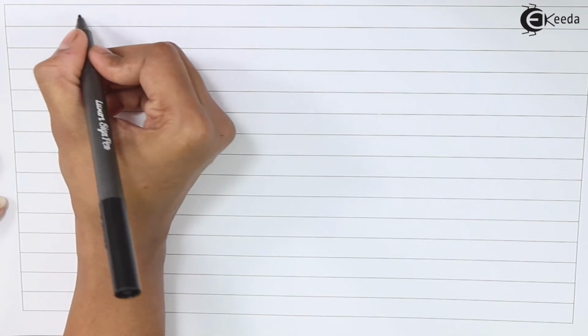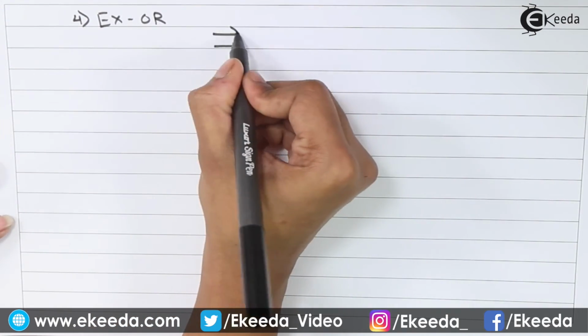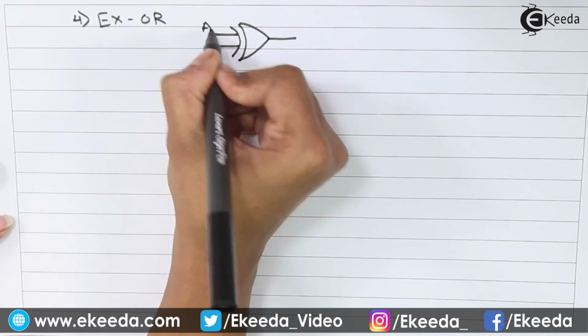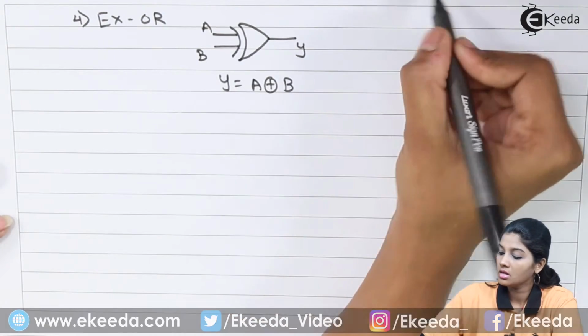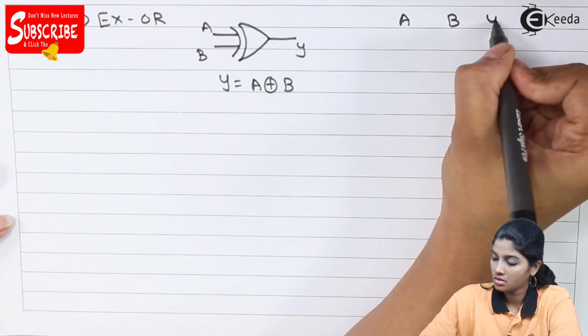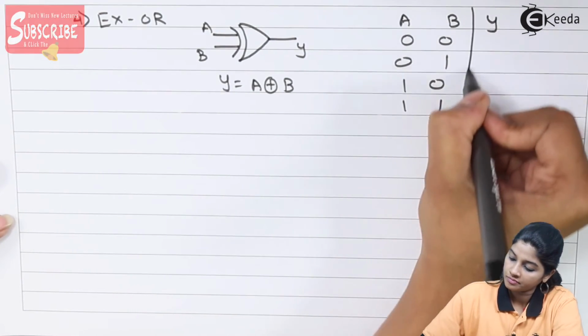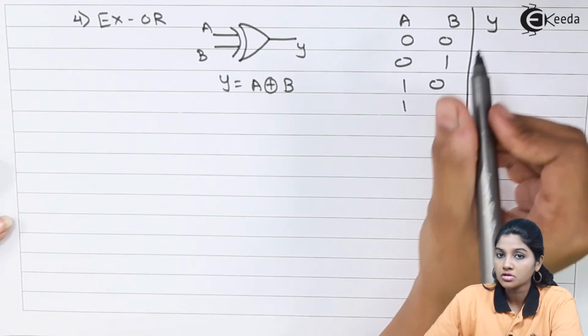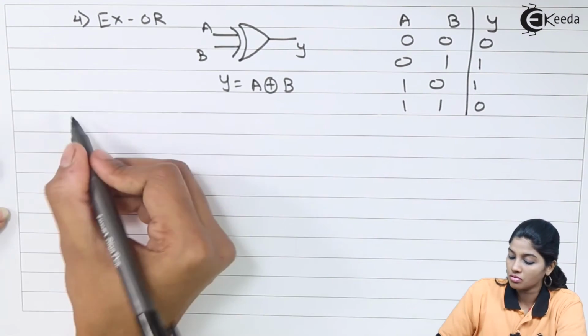The next gate is the XOR gate. The equation is A XOR B, and the truth table: when inputs have two different states, then only the output goes high, otherwise the output goes low.